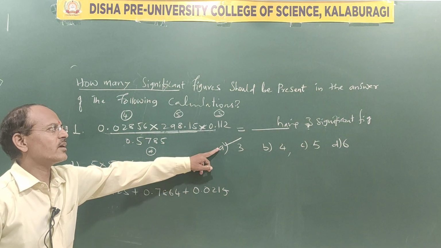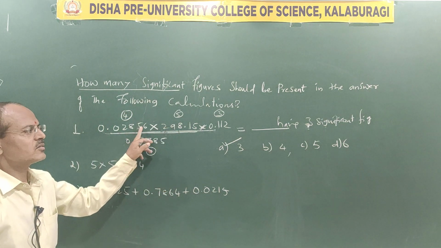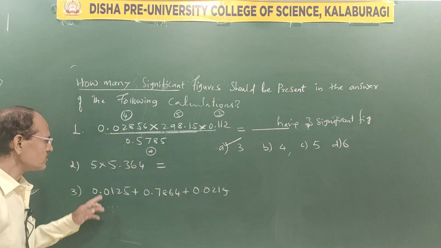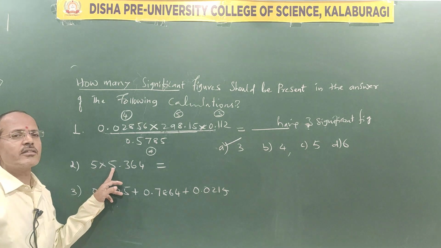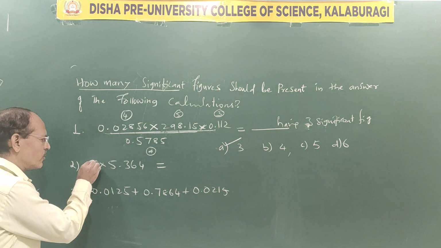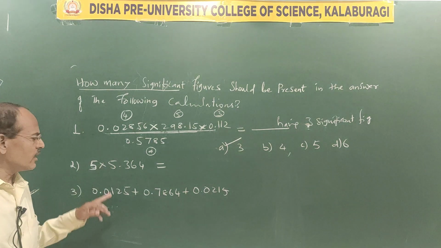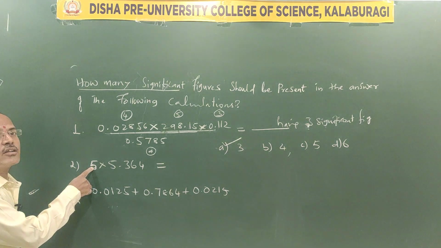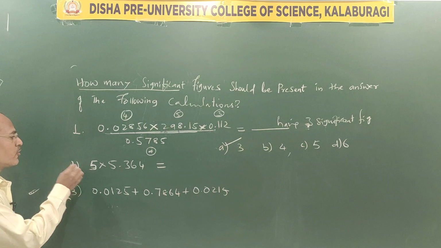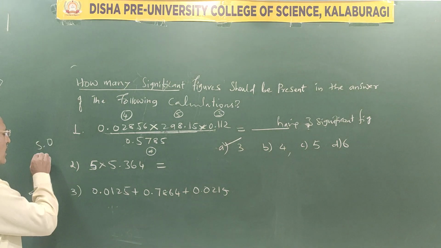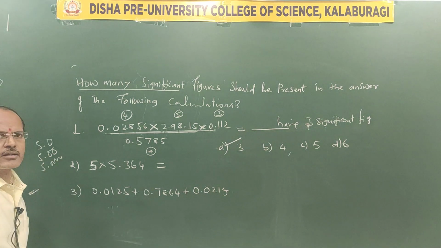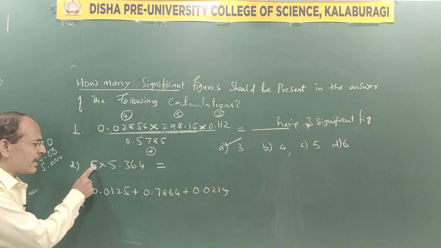How many significant figures are there in this calculation? 3. In the second problem, 5 into 5.364. Look at this 5. Here it is 5, which means it has infinite significant figures, because it may be 5.0, it may be 5.00, it may be 5.000, like that. So therefore neglect this.